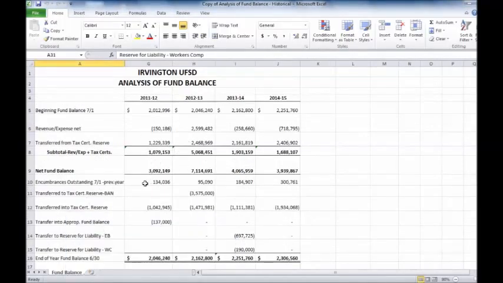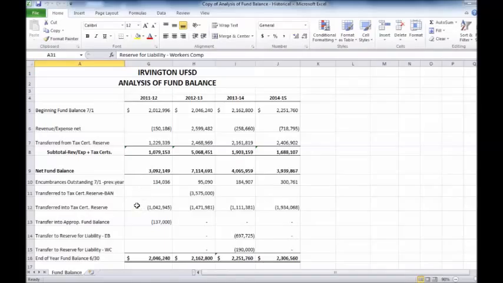You will notice continuing down in the 11-12 year, you have to add back the encumbrances that were outstanding from the previous year to fund those. Encumbrances are basically purchases that you're committed to doing for the future year, but you have not paid the invoices yet.